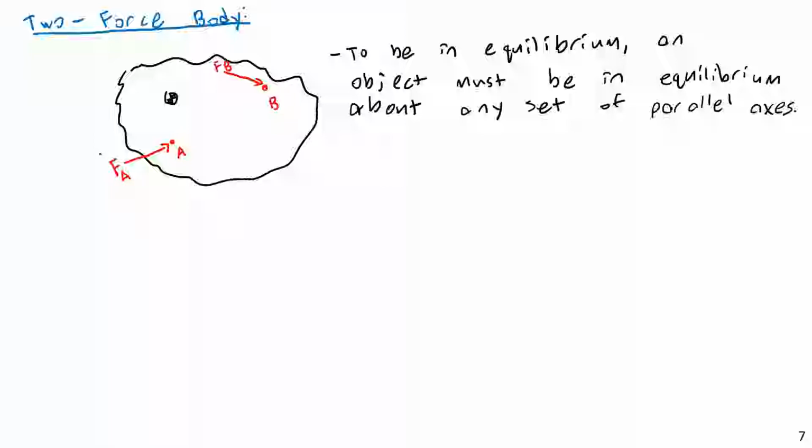Well, nature doesn't care about how we define a set of coordinates. Nature doesn't care if we define the axes horizontally like this, or like this. Those are just mathematical models that we create to help us understand and analyze the forces that are present on a body. In the real universe, forces are just going to do what they're going to do.